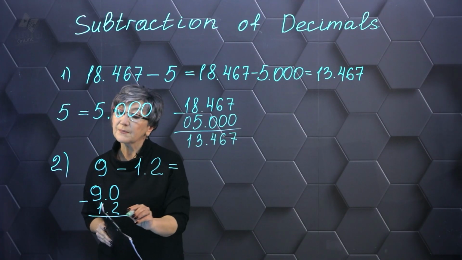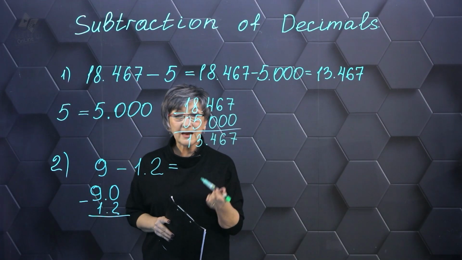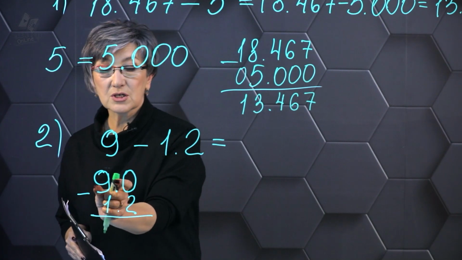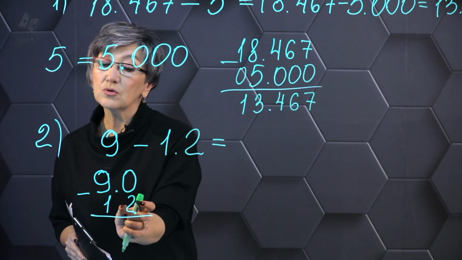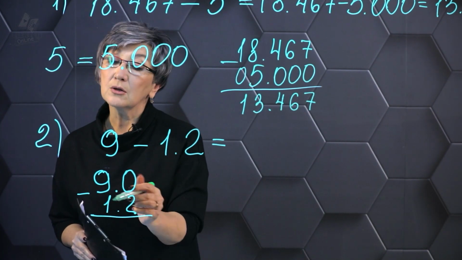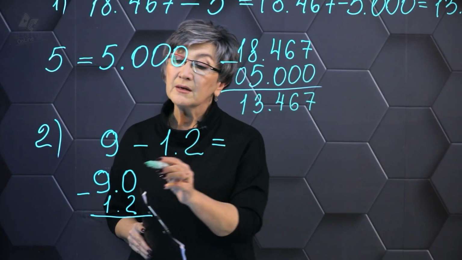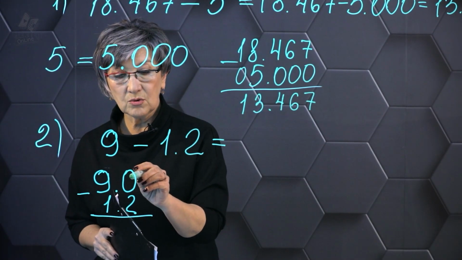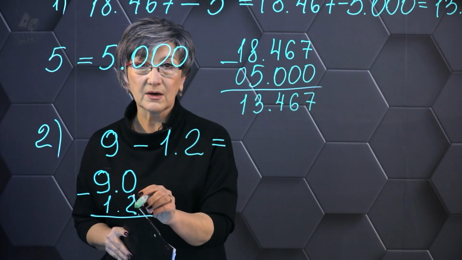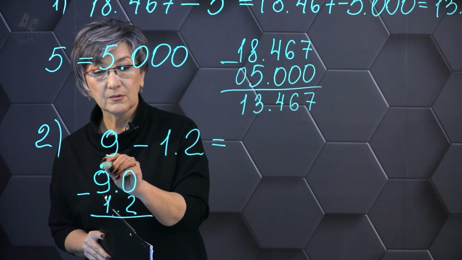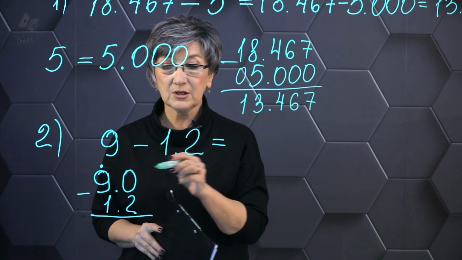See? In this case, I'm correctly writing the whole part under the whole part, the fractional part under the fractional part. Now, how do I subtract? I can't subtract 2 from 0, so I borrow from the whole part. This leaves not 9 whole parts, but only 8.